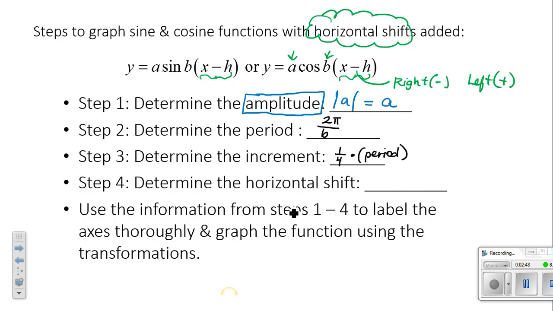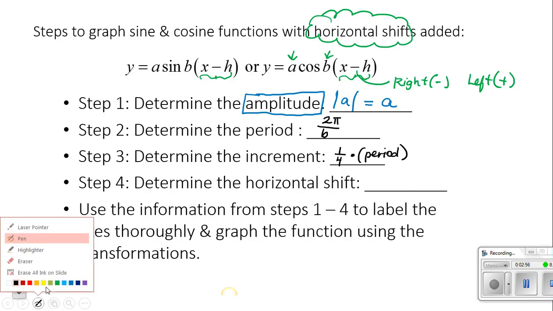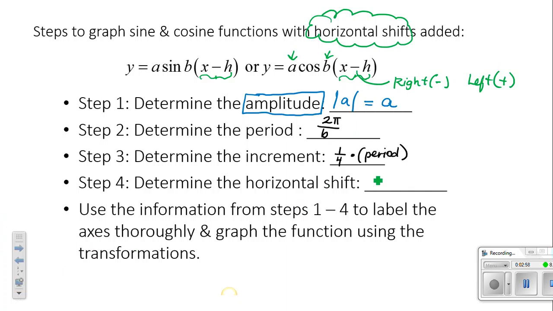Okay, and now what we will do is we will determine our horizontal shift. Again, our horizontal shift is in green. So if we are adding H, we will move to the left. If we are subtracting H, we will move to the right. Okay, so it's the opposite.